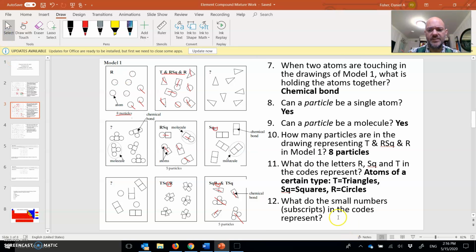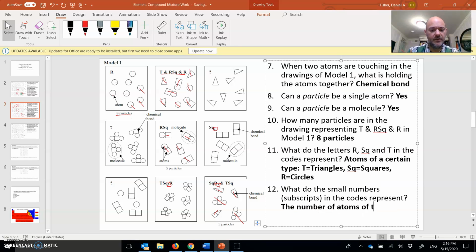They represent the number of atoms of that type of element in a molecule. So SQ2 has 2 squares together. TSQ2R has 1 triangle, 1 round one, and 2 squares. SQR3 has 1 square and 3 round ones, 3 circles, right? So that's what we are thinking about.